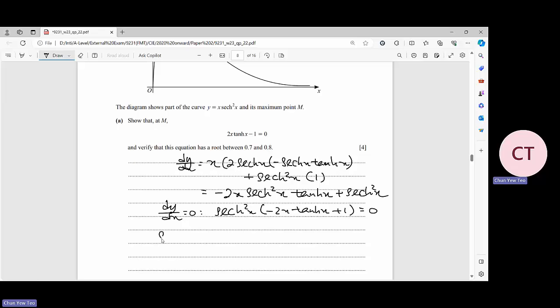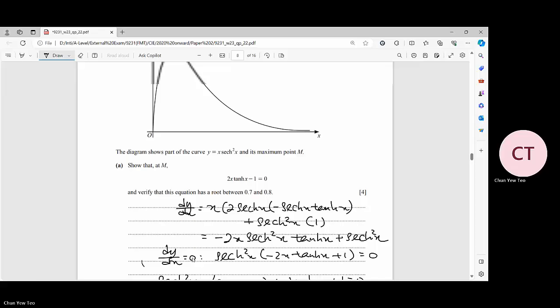So in order to get dy dx equal to 0, either the sec square x equal to 0 or the negative 2x tan x plus 1 equal to 0. For this case, sec square cannot be 0. You need to understand that sec square is actually 2 over e power x plus e power negative x, square.